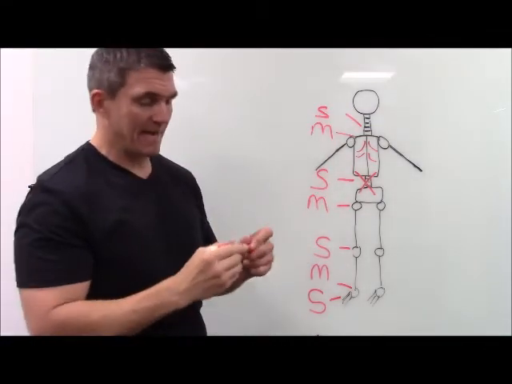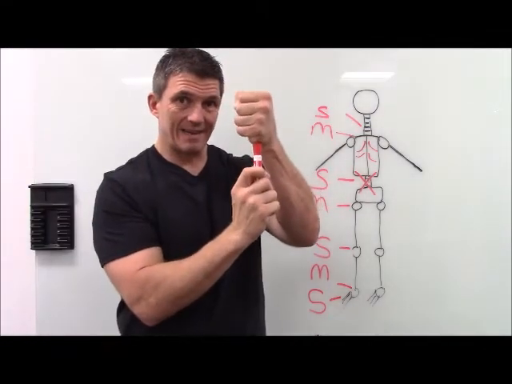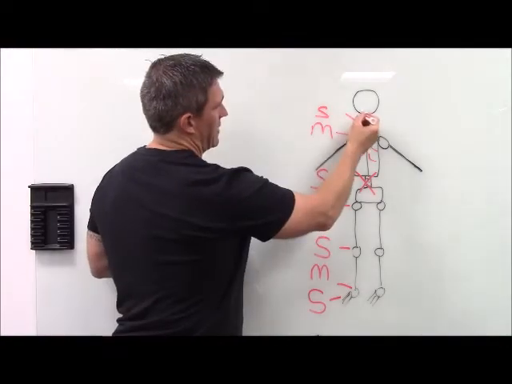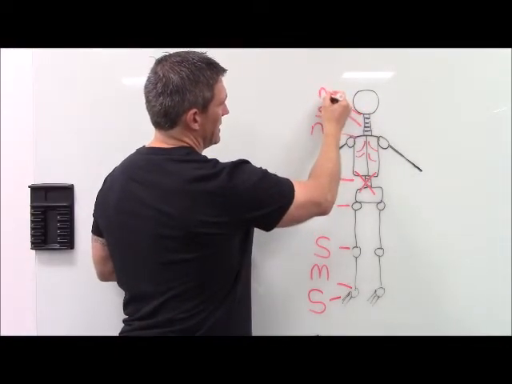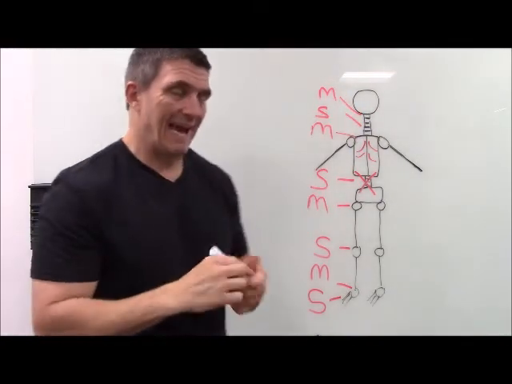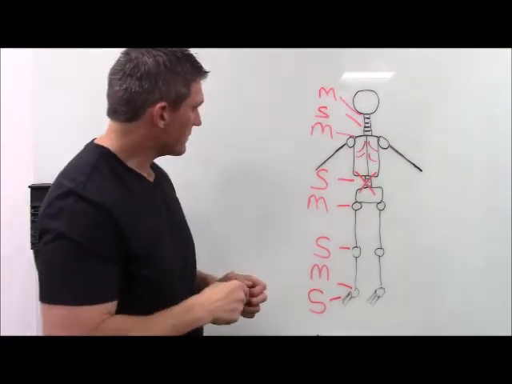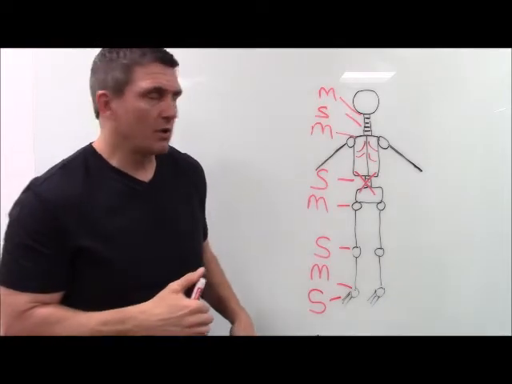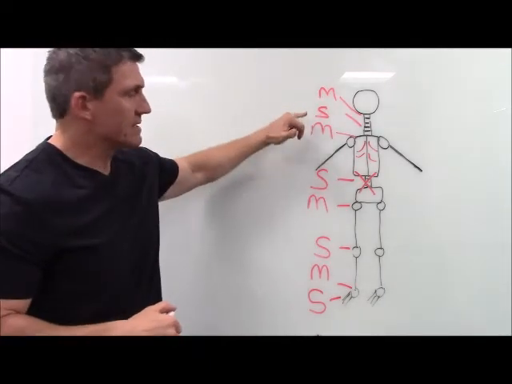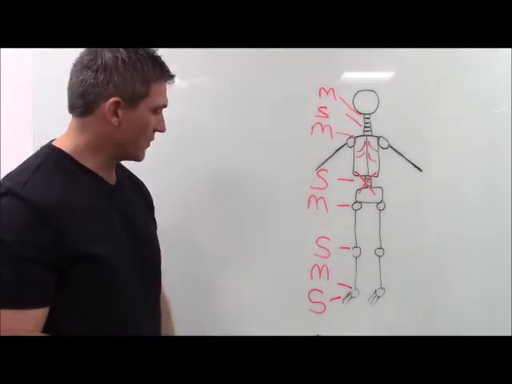It's balancing a 10-pound ball on a little stick. The upper portion of our neck, C1 and C2, is really designed for more mobility. That's the atlas and axis. That's where our neck rotates from. But I did that very quickly just to show you that there's a pattern. Mobility, stability, and so forth down.